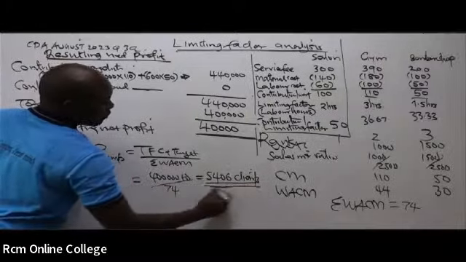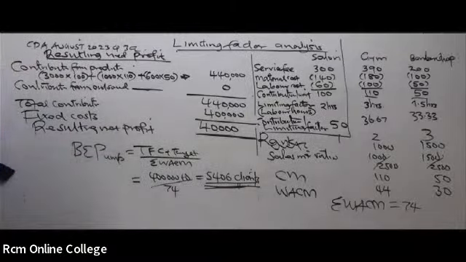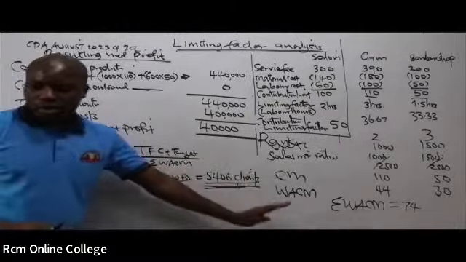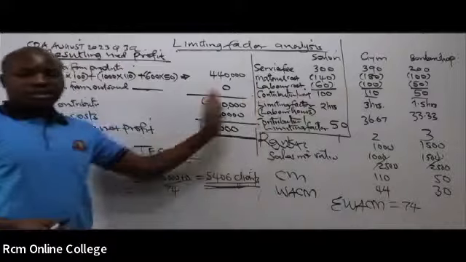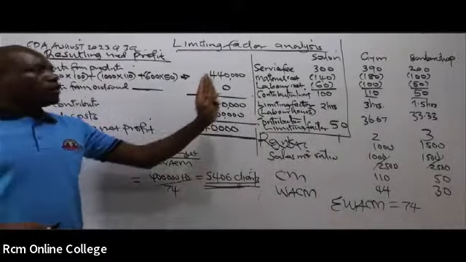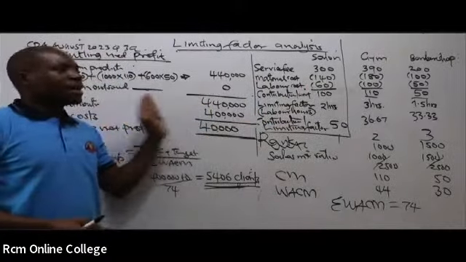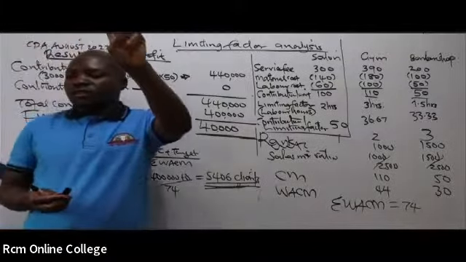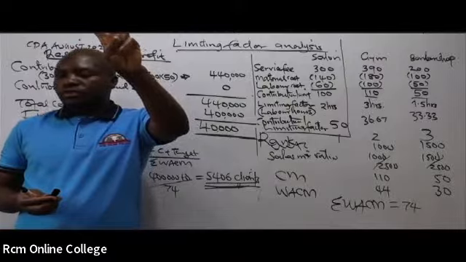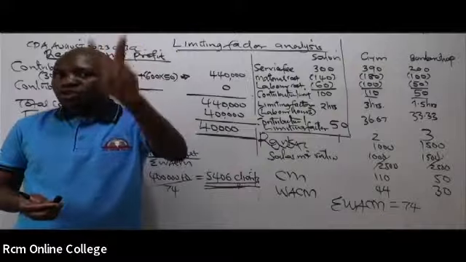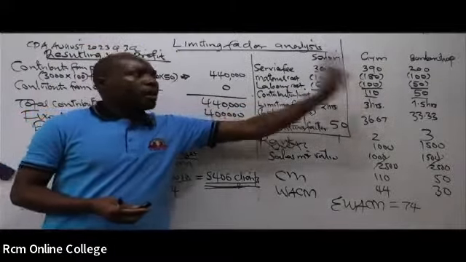So if the company was to drop salon as a service, they'll be remaining with how many services? Two, that is gym and barbershop.